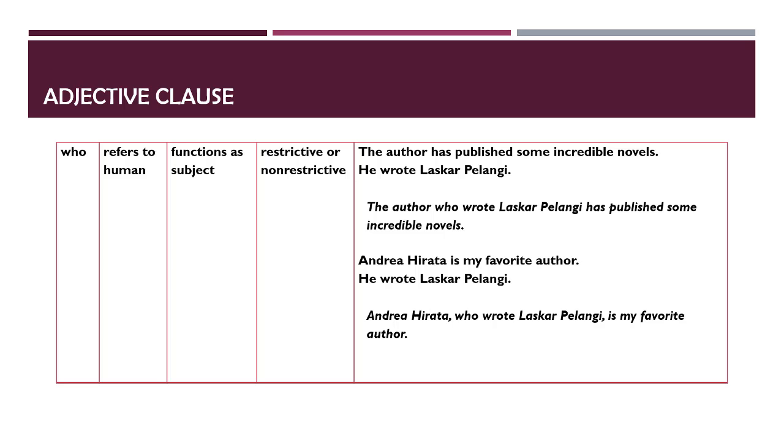If it functions as non-restrictive, commas are needed. Andrea Hirata, who wrote Laskar Pelangi, is my favorite author. So it is already clear who Andrea Hirata is, so the information who wrote Laskar Pelangi is not important anymore. Back to the first example, the author who wrote Laskar Pelangi has published some incredible novels.